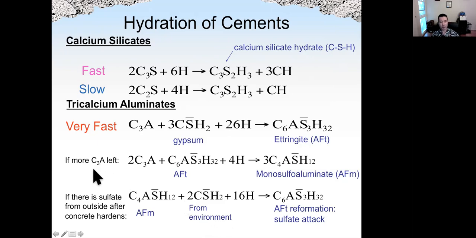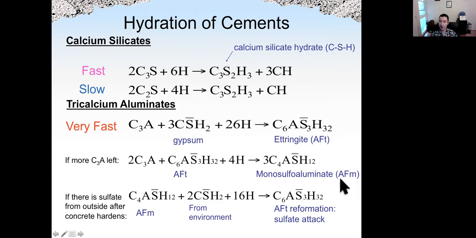Depending on the ratio of C3A and gypsum, C3A may also react with ettringite to generate monosulfoaluminate, another potential hydration product, also called AFm.